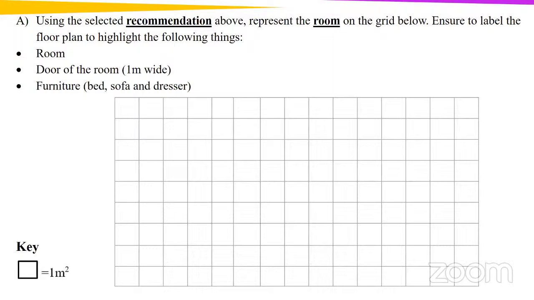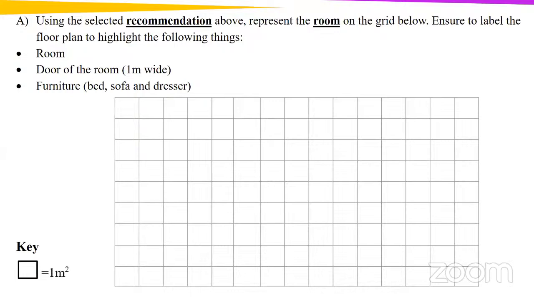All right, so we know that our room has a floor space of 30 square meters. Very good. So boys and girls, if we know that the room is 30 square meters, you know what I want you to do for me now? Give me some possible dimensions of our room.